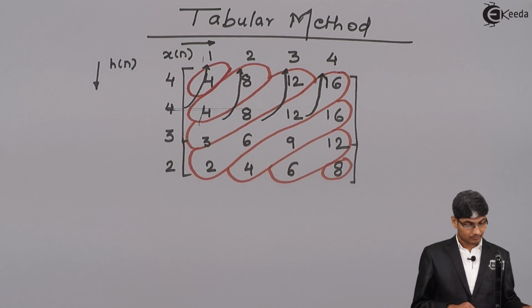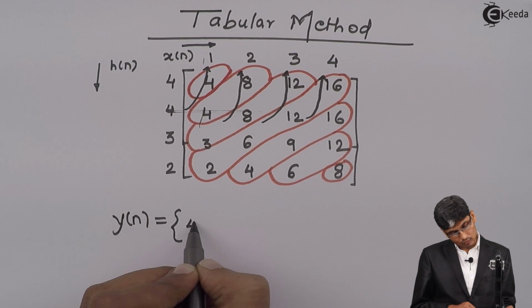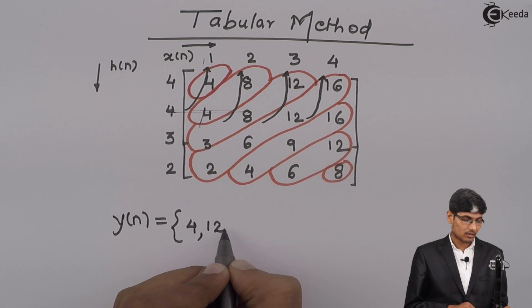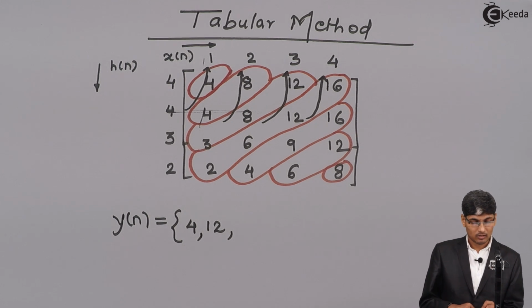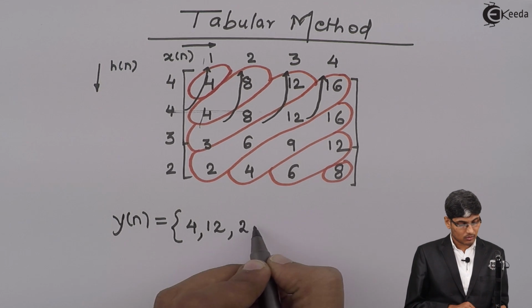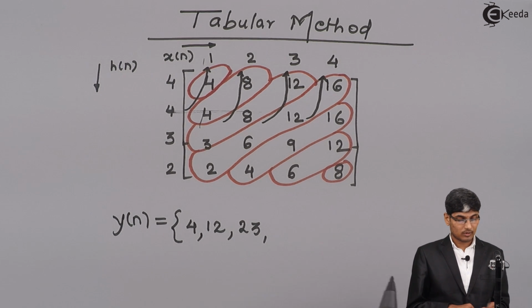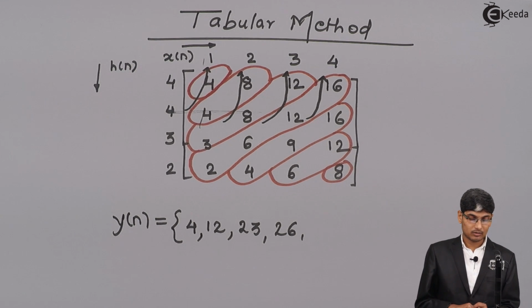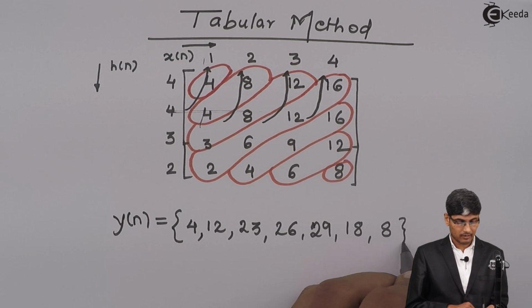So I get my y of n as equal to 4, then 4 plus 8 is 12, then 12 plus 8 plus 3 is 23, then 12 plus 12 is 24 and so on, 26, then 29, then 18 and then 8.